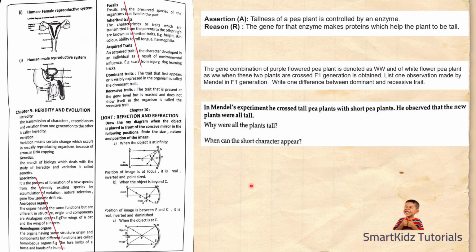But if the male donates a Y chromosome, that will combine with the X chromosome from the mother, and that will lead to a baby boy. Through this sex determination, to avoid female feticides, because females were being killed, and abortions were carried out if they knew they were going to have a baby girl.